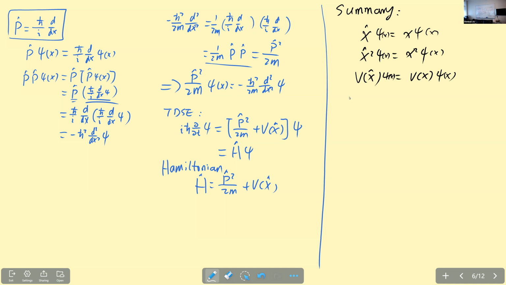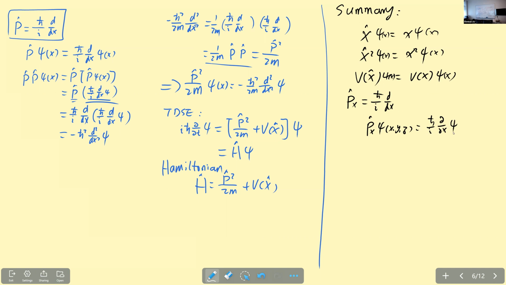And then if I have p, let's say momentum along the x direction, this should be defined as h bar over i d over dx. Okay, so that means px acting on psi of x, y, z, if it's in three-dimensional space, equals h bar over i partial x psi.